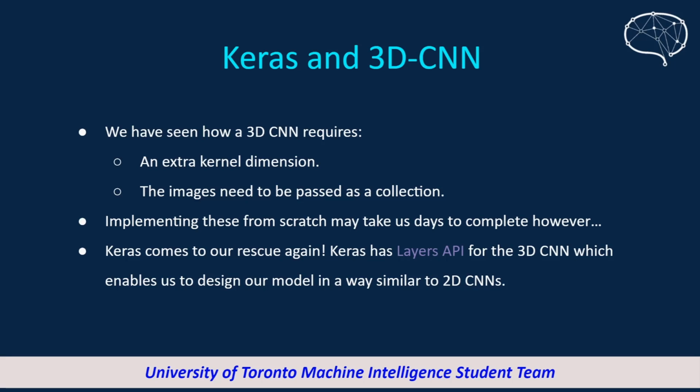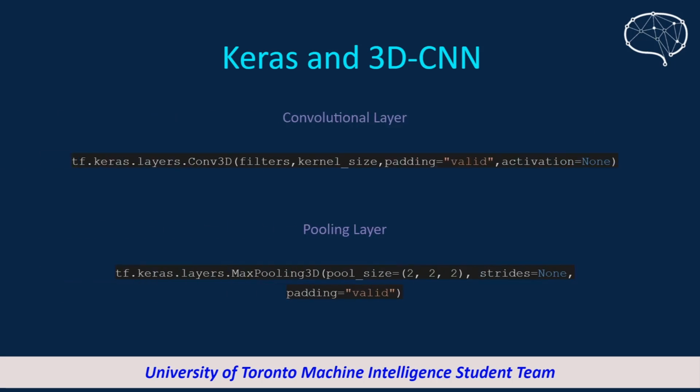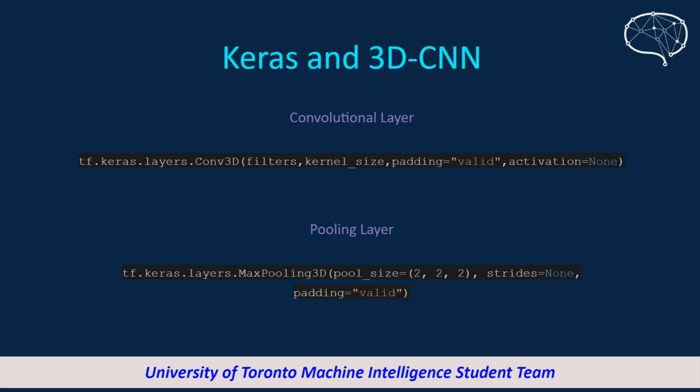However, Keras comes to our rescue again. Keras has a layers API for the 3D CNN which enables us to design our model in a way similar to 2D CNNs. If you recall, in part 2, we had used the layers API of Keras to design our 2D CNN architecture. The same layers API also supports the 3D CNN model. For the convolutional layer, we now use Conv3D layer instead of Conv2D layer.